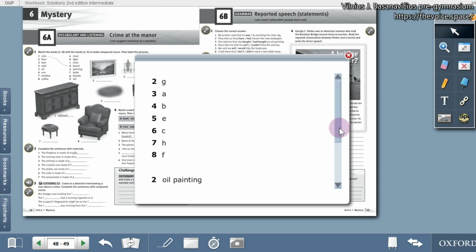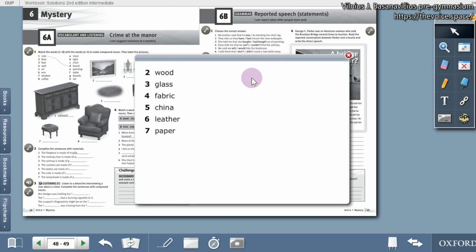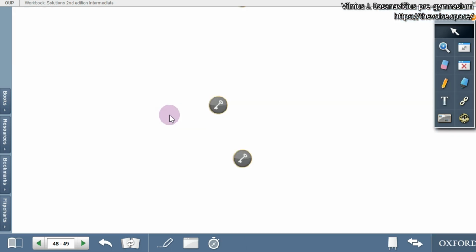These are the answers for exercise 1. Exercise 2. Materials. Exercise 4.